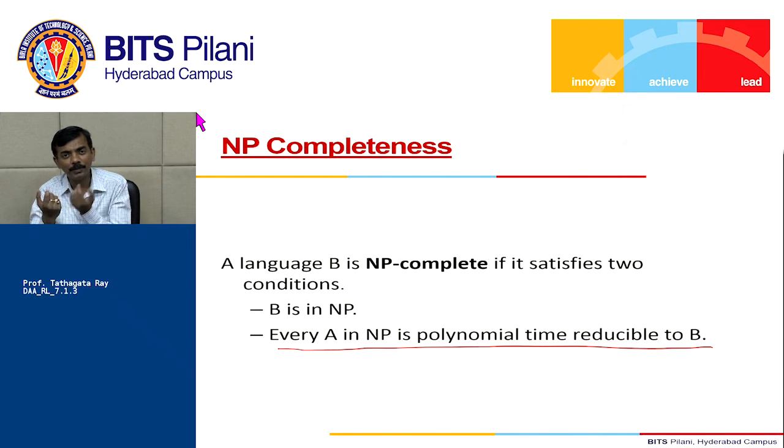If it is NP complete, then if I can solve B in polynomial time, then I can solve the rest of the problems in polynomial time, because given any particular problem, I will convert it into B and solve it in polynomial time, which will give me the solution. So all my problems in NP, suddenly I will be able to solve them in polynomial time. That's a great thing. But we don't know whether we can do that. But we know that all of these problems are related to each other.